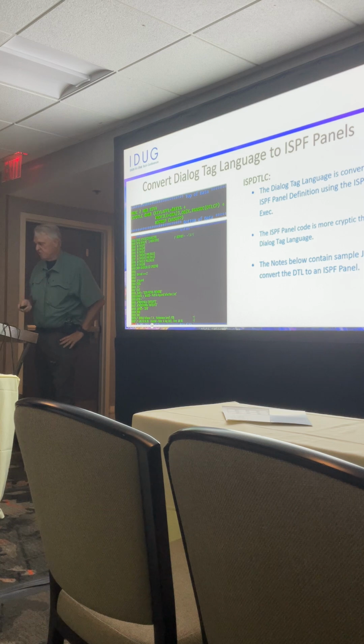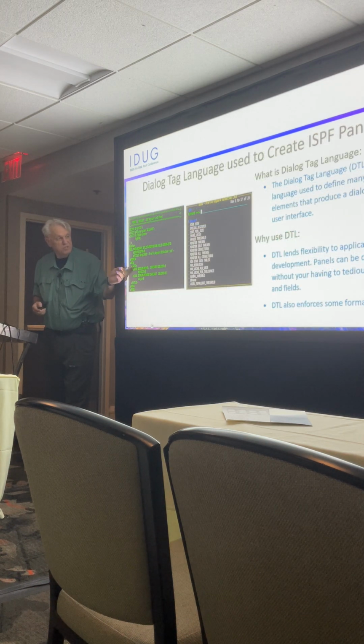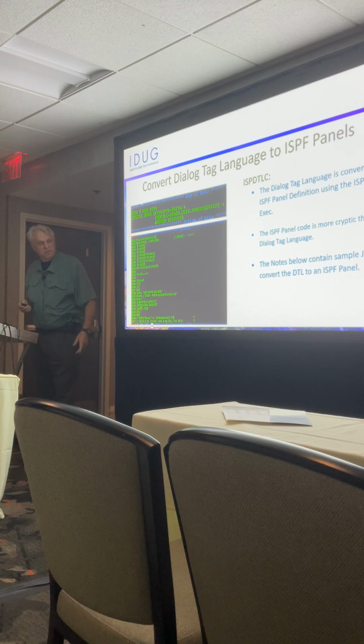I'm not exactly sure internally what it is, but that's the name up here. You'd run that against your source, and then it would generate this. So you have to decide, do I want to code this as a panel or this as a panel? Either way will work, but the tag language is more consistent once you get used to it.